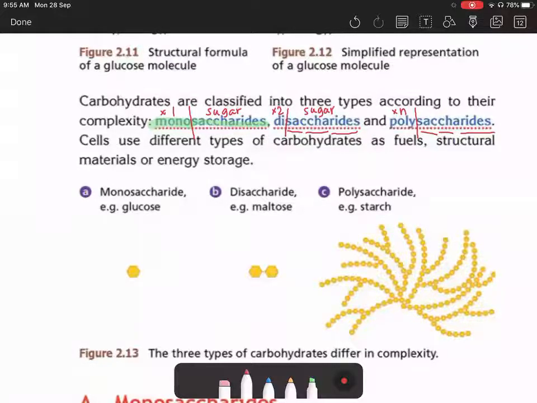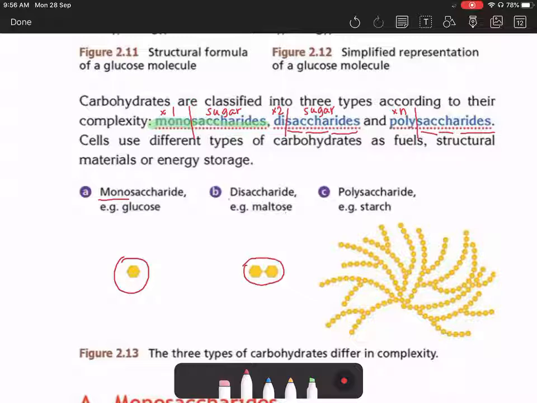Now let's look at the shape of monosaccharide, disaccharide, and polysaccharide. For the monosaccharide, okay, only one. That's why we call it mono. And then we can make them link together. See, here.